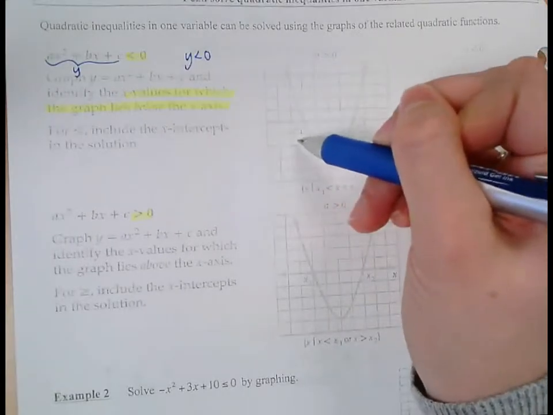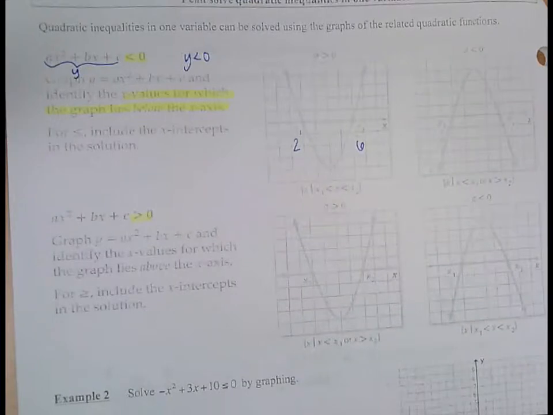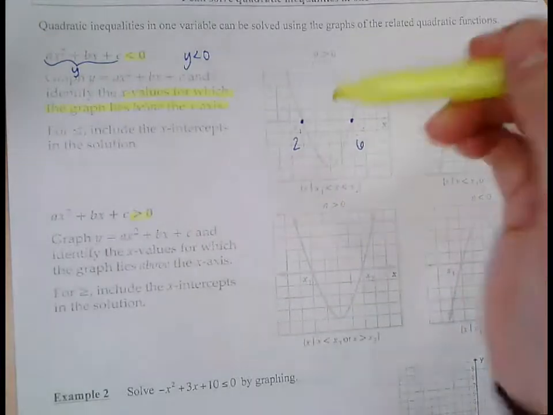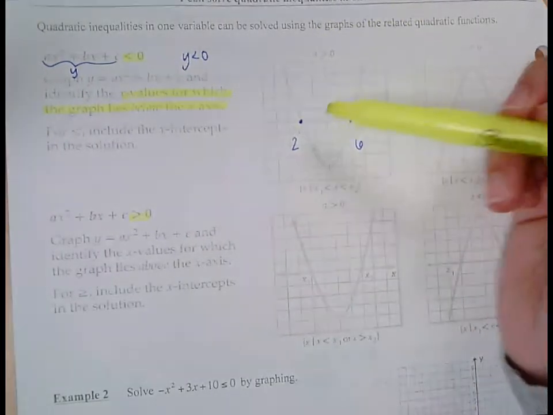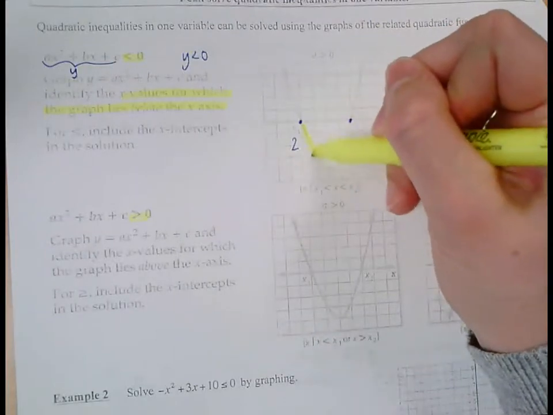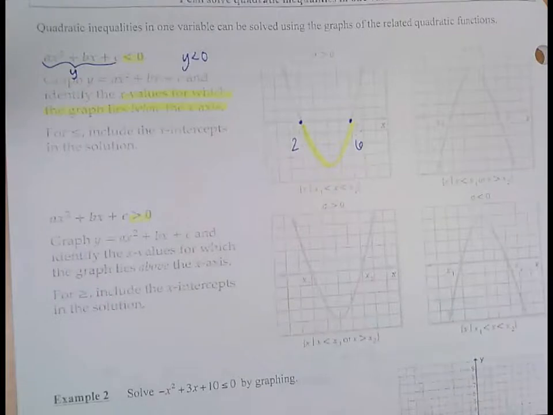I'm just going to say x sub 1 is the value 2, and then x sub 2 is the value 6. So rather than looking at all of these different x's, maybe seeing a number will help make more sense. But say those are your x-intercepts. So on the graph, if I'm identifying the part of the graph that's below the x-axis, for the graph that opens up, it would be that U part of the graph, the part of the graph that's in between the two x-intercepts.